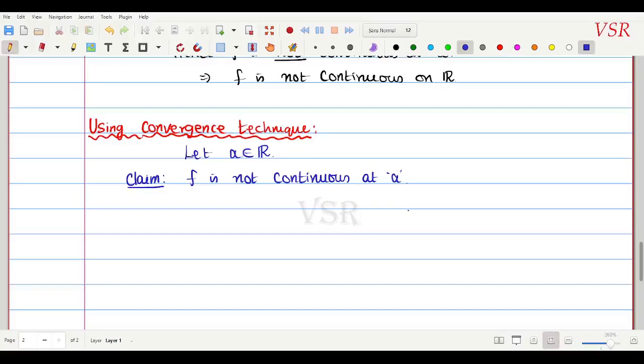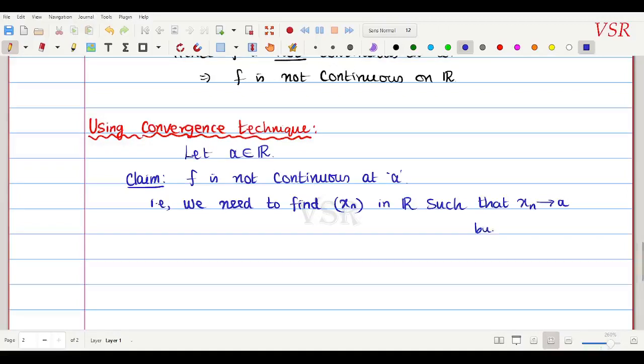So that is, we need to find xn in R such that xn converges to a but f of xn does not converge to f of a.